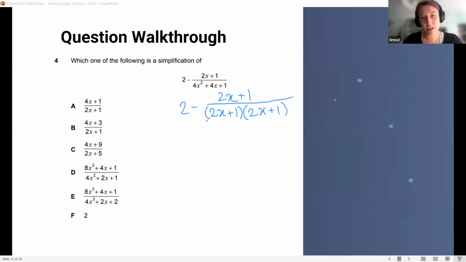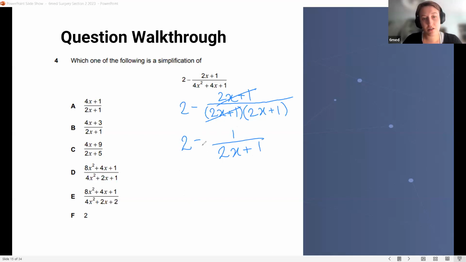Now what I can do is I can essentially cancel those out. So I end up with 2 minus 1 over 2x plus 1. Now I still can't really simplify this because 2 isn't over the same denominator. So I'm going to rewrite this and put them over a common denominator.